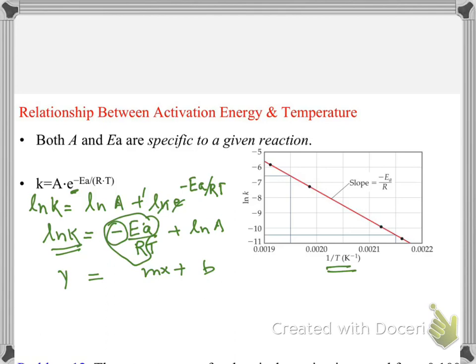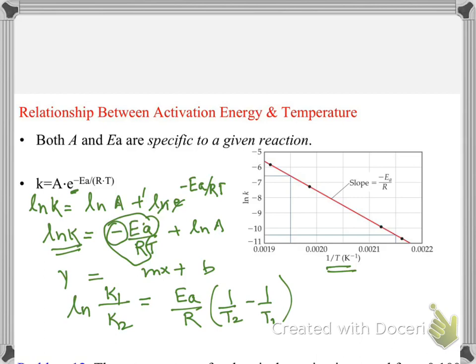If you have the K values given for two different temperatures, then you can write down this equation: ln K1 over K2 equals EA over R times 1 over T2 minus 1 over T1.